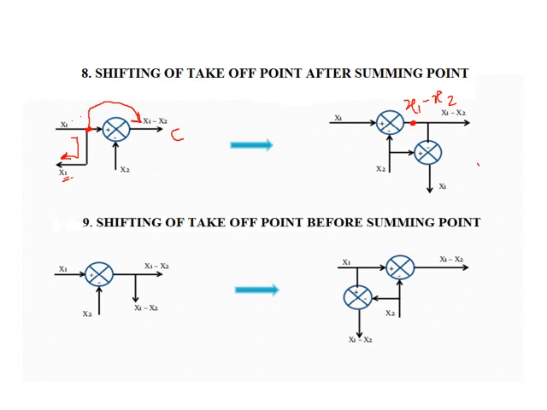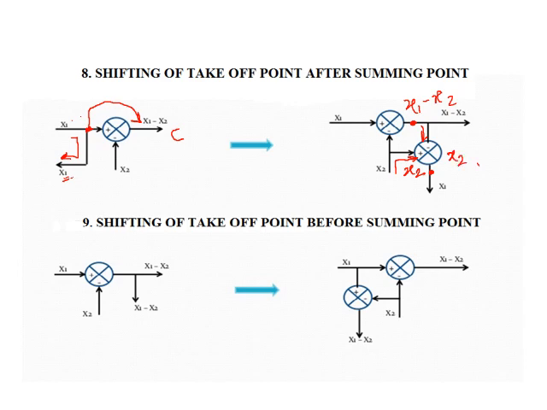Okay, so what will be the incoming signal here? You can check, this is actually x2, so I will label this signal as x2. What about this? Here the output is represented with x1 minus x2, or just now I have calculated this signal as x1 minus x2. And the resultant I have shown with x1. So why have I shown the resultant with x1? Because at the output of the second summing point, two signals will be added.